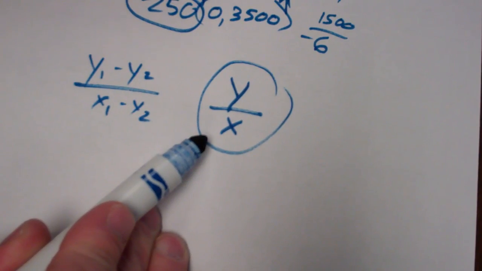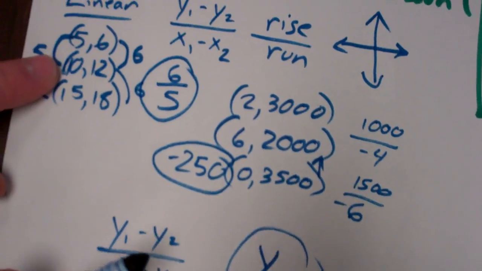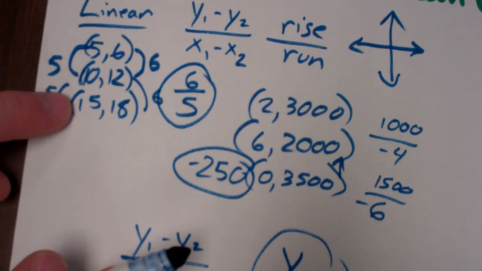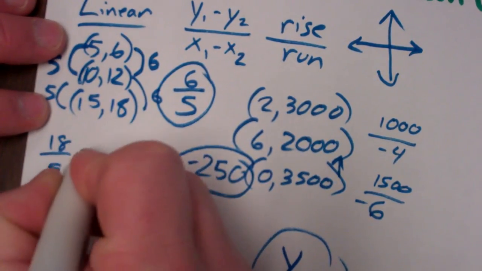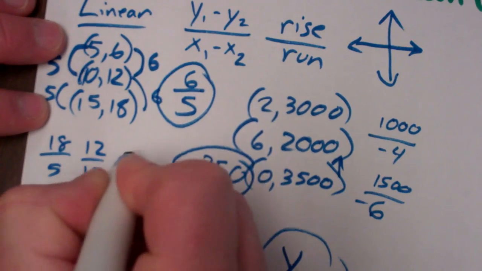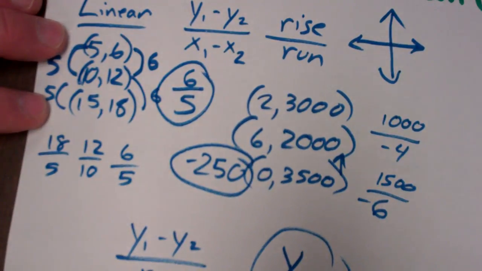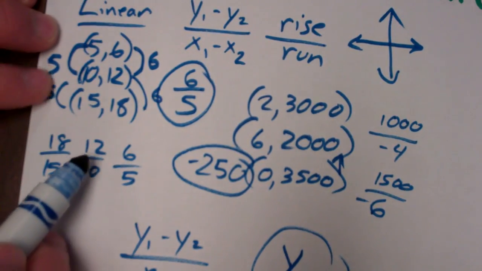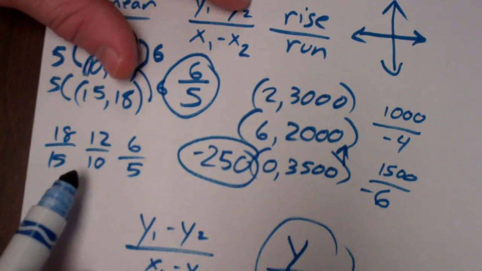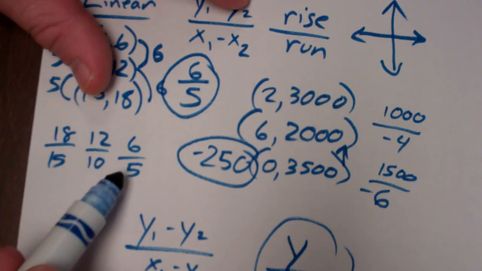go back to exercise 1, back to this 5, 6, 10, 12, and 15, 18. If I put that in y over x, that's 18 over 15, 12 over 10, and 6 over 5. If I divide them all, I'm going to get the exact same thing.